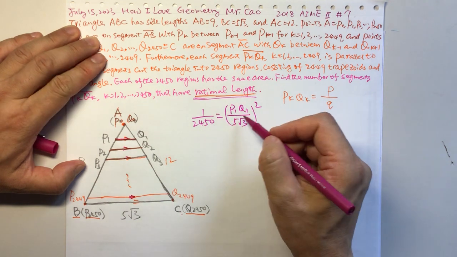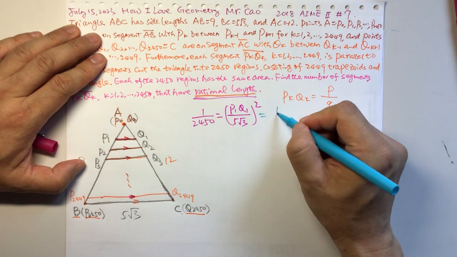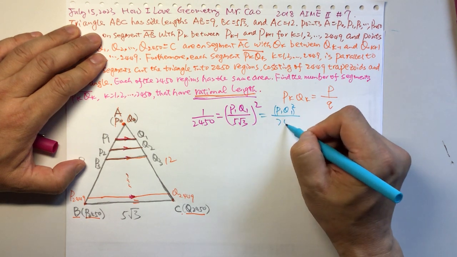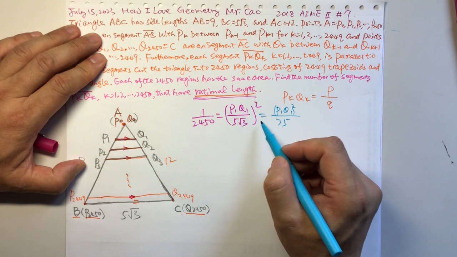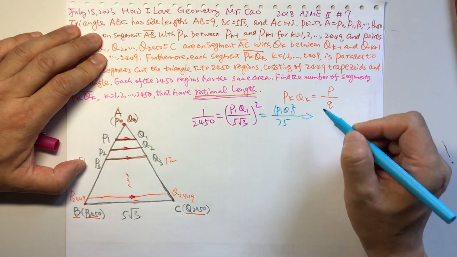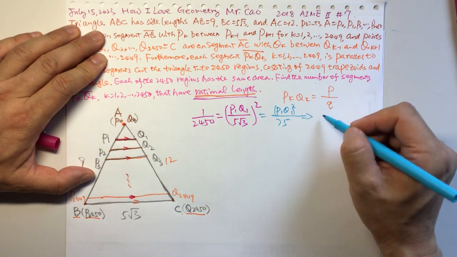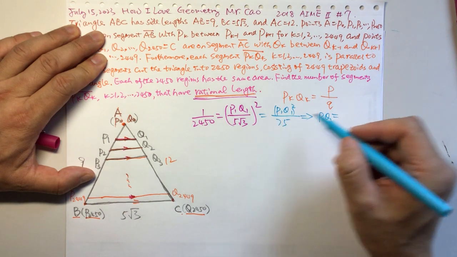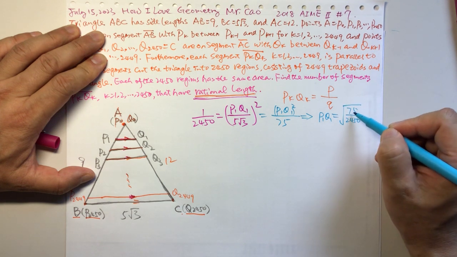So P1Q1 squared over 75, since 5 square root of 3 squared is 75, equals 1 over 2450. Cross multiplying, P1Q1 equals the square root of 75 over 2450.